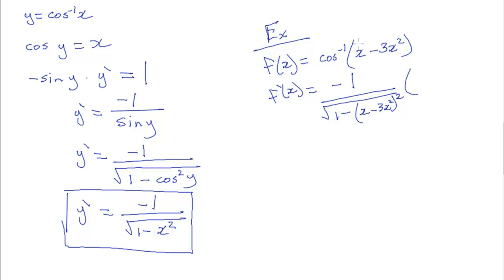And that gets multiplied by the derivative of that, which is 1 minus 6x. Well, that's our second inverse trig function.